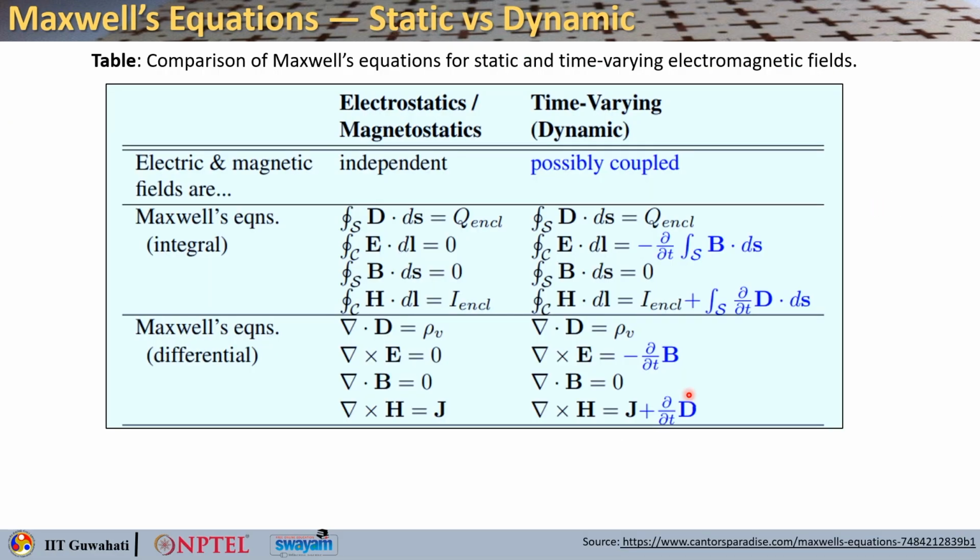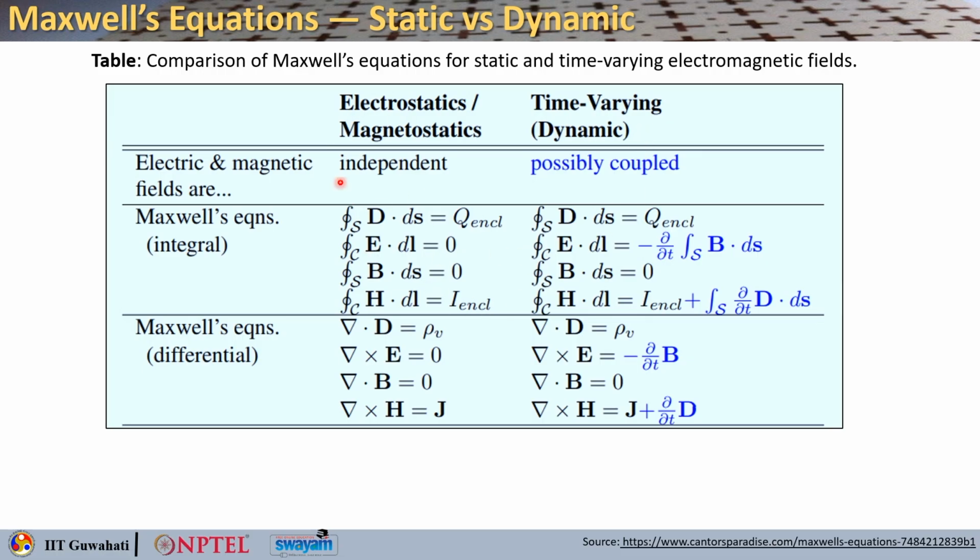So, finally, here we can summarize the Maxwell's equations in terms of the static and the dynamic fields, where E and H fields are basically independent in the case of electrostatics or magnetostatics, but they are coupled in the case of time varying fields or electrodynamics.